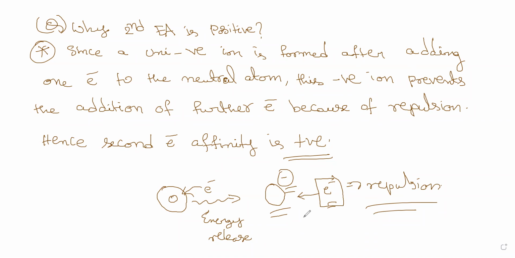So repulsion will take energy here. It is the reverse of the earlier process. Energy release means that is negative. Energy taken means it is positive. So that's why second electron affinity is positive.